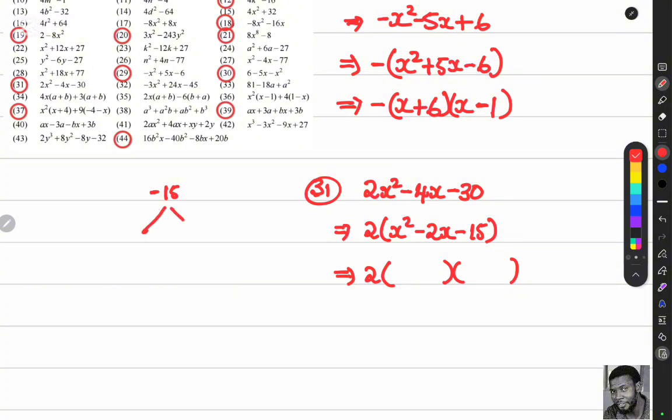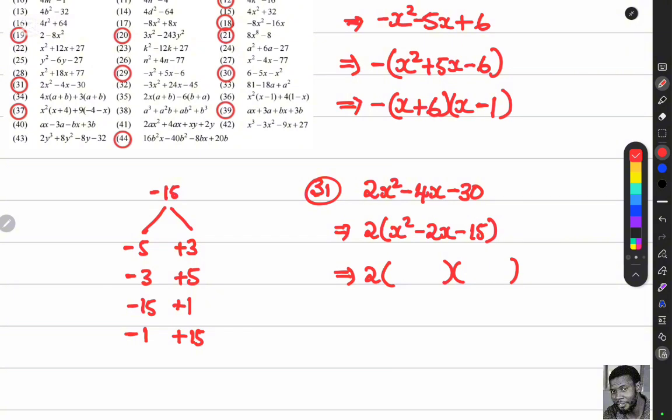Negative 15 will be from negative 5 times 3, from negative 3 times 5, from negative 15 times positive 1, from a negative 1 times a positive 15.